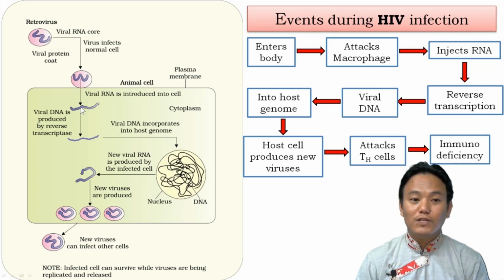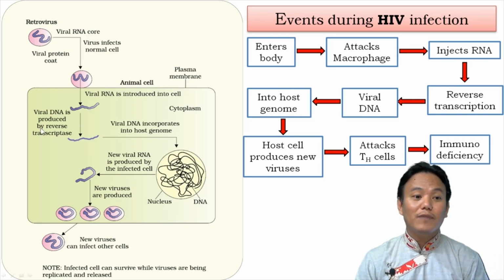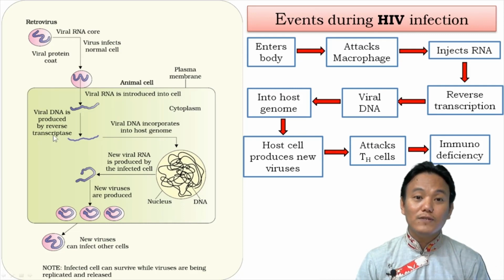So the HIV virus binds to the cell membrane of the macrophage and injects its viral RNA into the macrophage. Inside the macrophage, the viral RNA gets copied into viral DNA through a process called reverse transcription, which is aided by the enzyme reverse transcriptase. These two terms are important: reverse transcription, which is aided by reverse transcriptase.